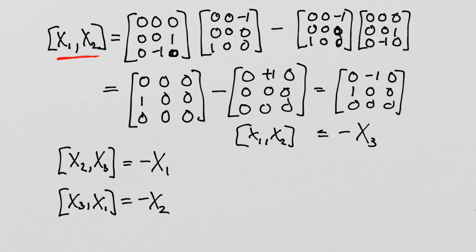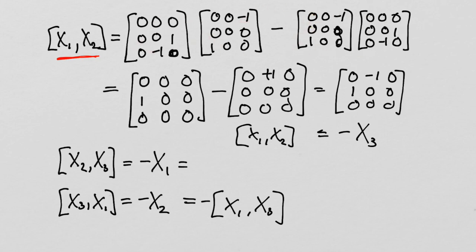And I won't work it out, but you can calculate that the bracket of x2, x3 is going to be minus x1, and x3, x1 is going to be minus x2, and you know that flipping them gives the opposite, right? Because flipping them just takes this guy here and puts it over here, and this guy here and puts it over here.